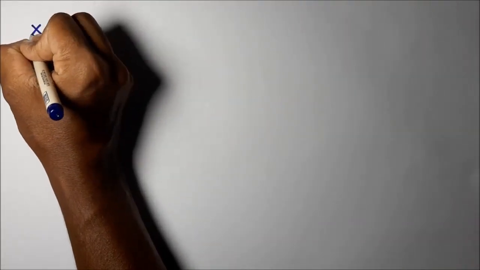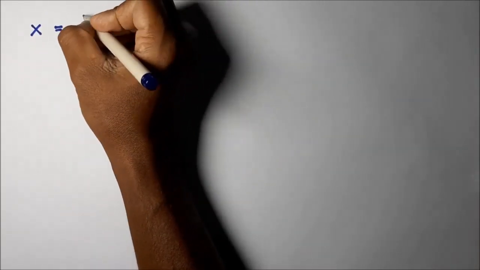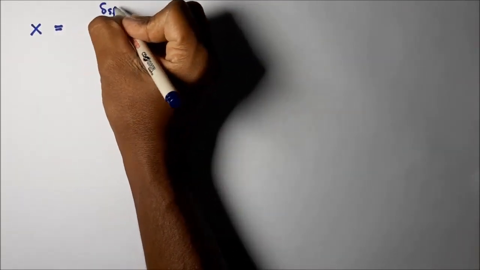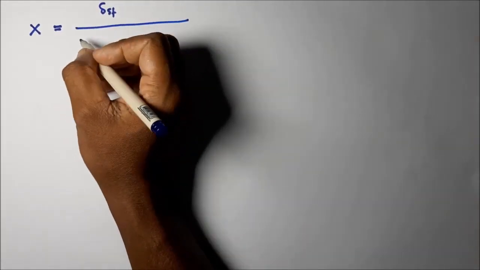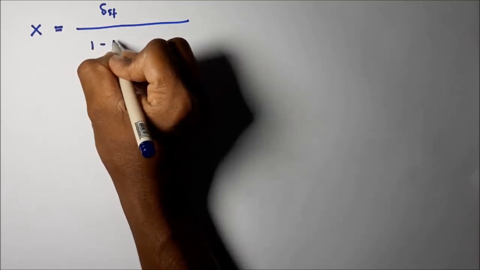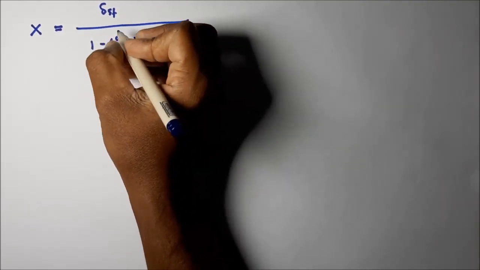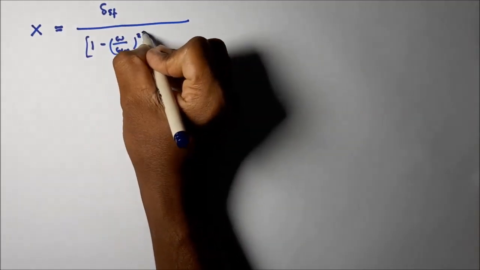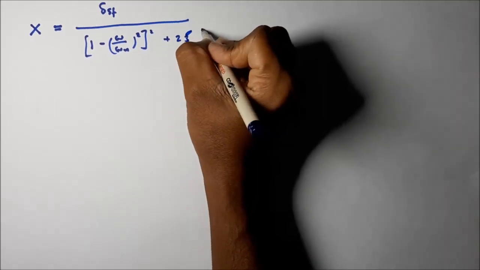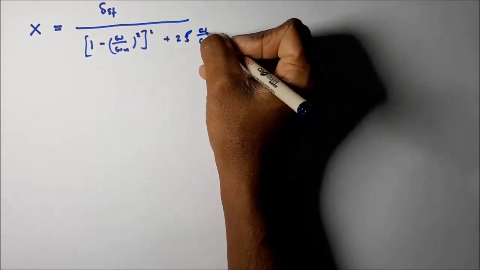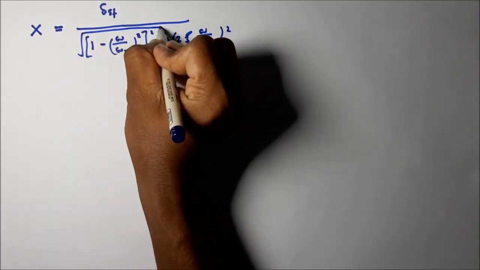For the damped forced vibration system, what we got is delta st times 1 over the square root of (1 minus omega divided by omega n, squared) squared plus (2 zeta omega divided by omega n) squared.